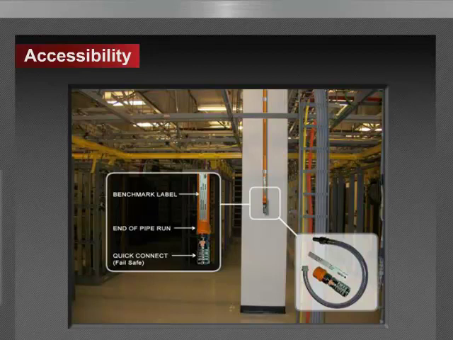A properly designed test point will be located near the finished floor, requiring no special equipment such as ladders or scaffolding to access. It'll be oriented downward towards the floor and be constructed using fail-safe configurations such as a quick connect configuration, as we've shown in this illustration here. A test point label located by the test point provides a convenient location to document benchmark parameters, including other useful information about the system and its installation.